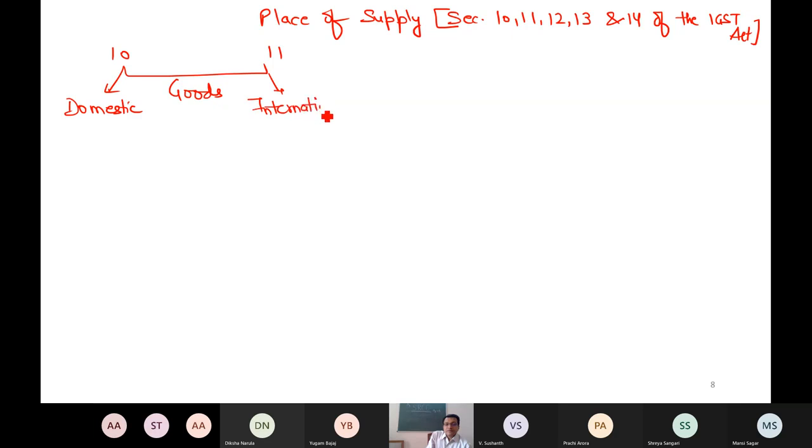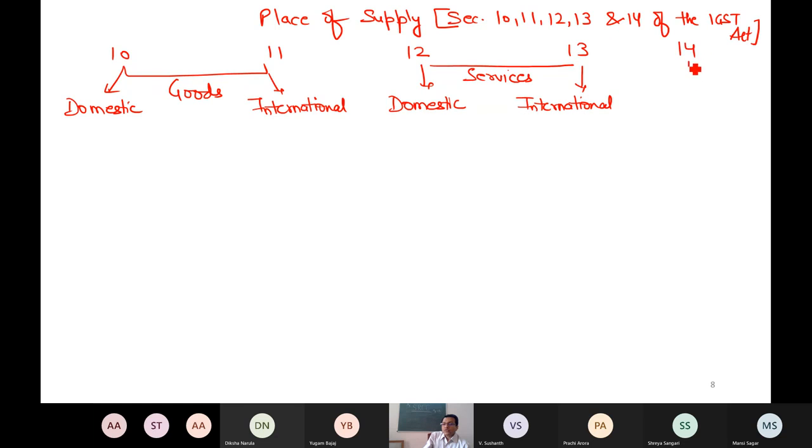Similarly, 12 and 13 talk about services. 12 talks about domestic supply of services, and 13 talks about international supply. 14 talks about OIDAR services, which is online information and database access and retrieval services. I will tell you this later on.